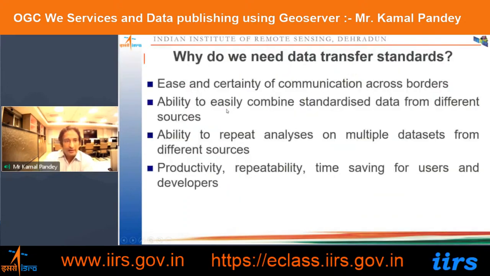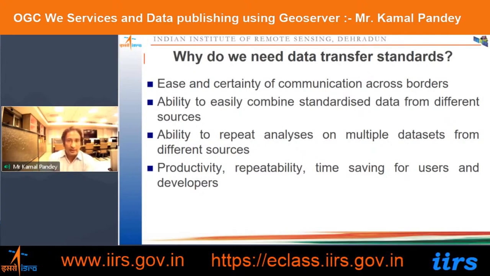Then one more part: why have we gone for GIS or web services? Of course the answer was standards, because we want a standard mechanism through which we can transfer data between various web applications. So these are some of the advantages, like ease and certainty of communication across borders.